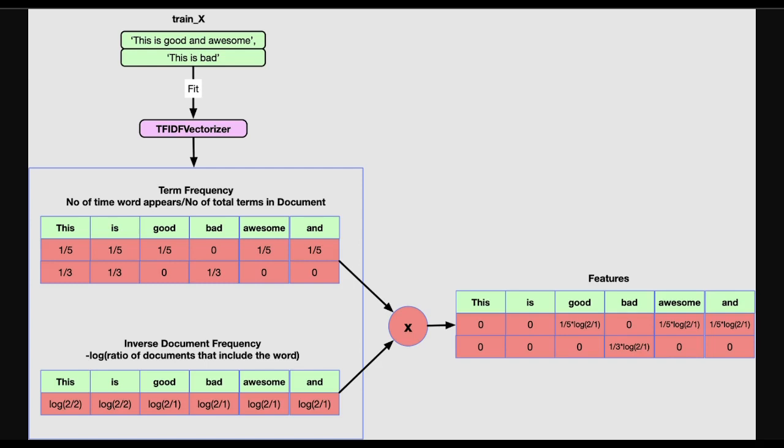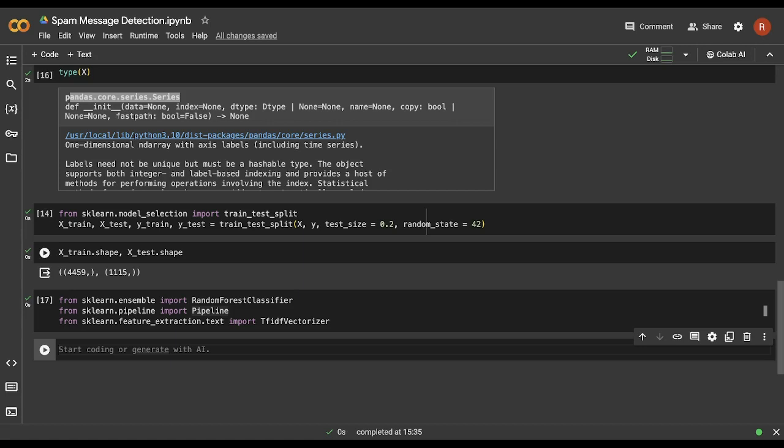And the second value for good in the term frequency is 0, and hence when you multiply it by the log you get 0. So this is how the TF-IDF vectorizer works, and it's good because here what you want to do is lower the influence of unwanted words and increase the influence of necessary words. So that is what we are going to perform using the TF-IDF vectorizer here.